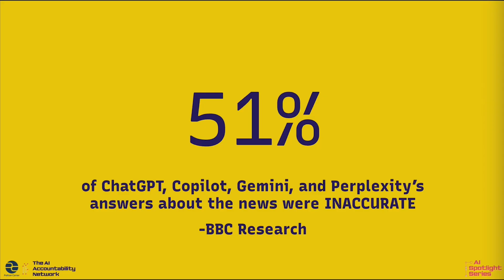And they found that 51% of all AI answers to questions about the news were judged to have significant issues of some form. 19% of the answers, which cited BBC content, also introduced factual errors, incorrect factual statements, numbers, dates, and 13% of the quotes sourced from BBC articles were either altered or didn't actually exist in the original BBC article. So this is for sure important to keep in mind if you decide to incorporate generative AI into your own practice as a journalist.